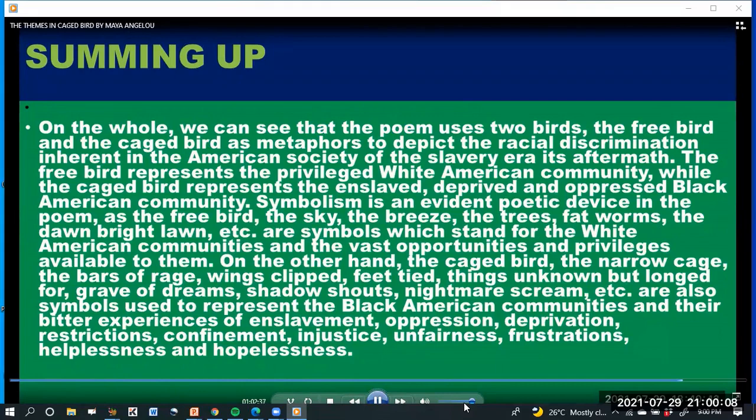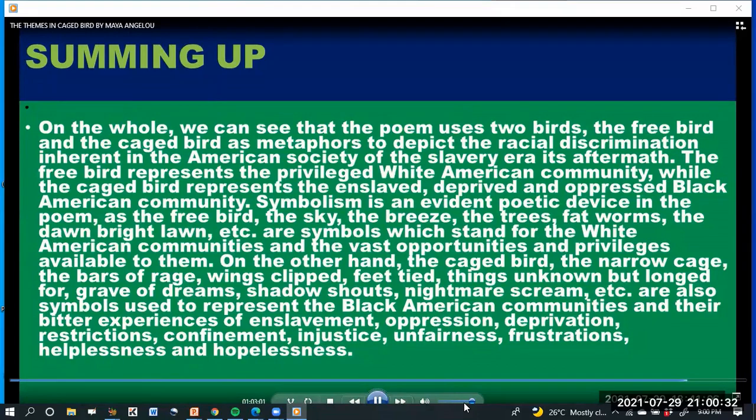I want to believe that you have gotten a clear picture of what the themes are in Caged Bird. With this analysis, you won't have any problem just closing your eyes and forming a mental picture of the caged bird.